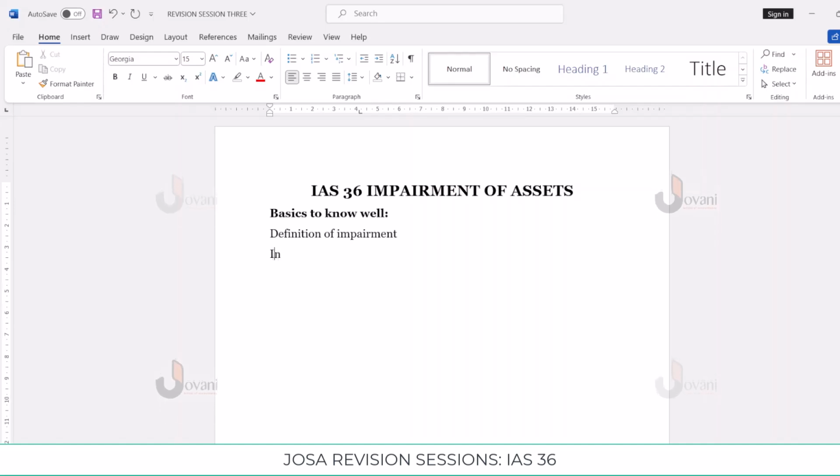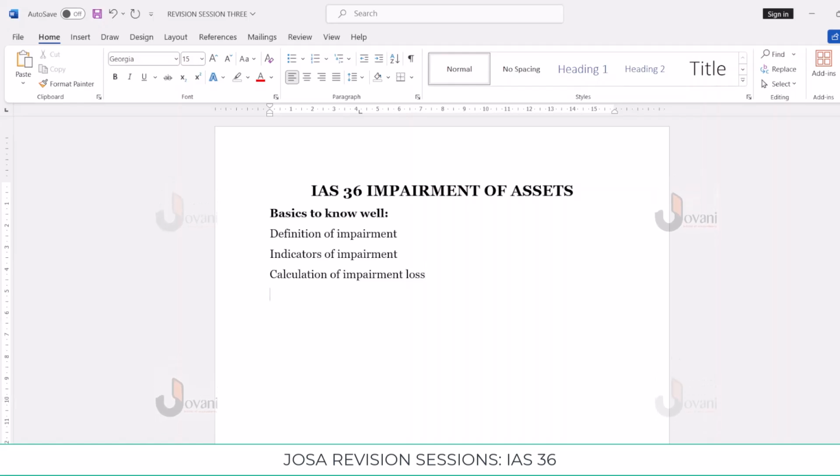Next, you must know the indicators of impairment. Please prepare. Then you should know, this is the easiest, calculation of impairment loss.